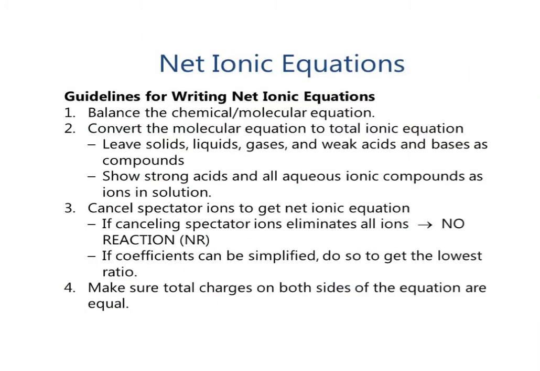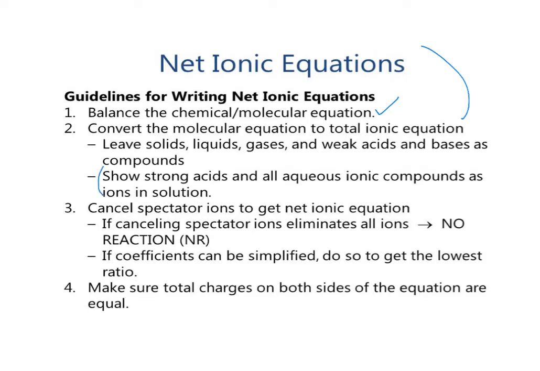All right, so some people just tend to like a list of rules or guidelines. And so here are the guidelines for writing a net ionic, which will be important in this unit. The first thing, you always want to write a balanced molecular chemical equation, like we did first. You have to know what to separate into ions and what to leave intact, okay?